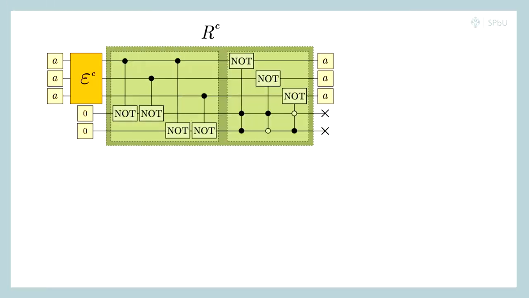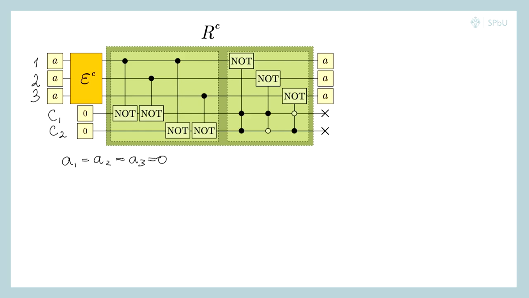Let's see how the bit error correction is done. So, we have 3 initial bits, A1, A2, and A3, and 2 ancilla bits, C1 and C2. So, suppose we have A1 equals A2 equals A3 equals 0. So the 3 bits equal 0.